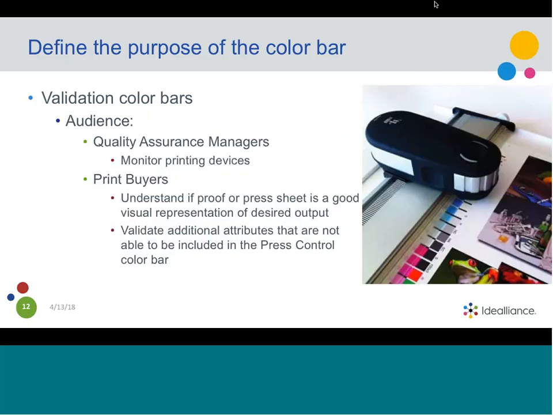Sometimes they're omitted, which is unfortunate, because there isn't any room on the press sheet for them, or on the actual carton or package that's being printed. The audience is multifold, actually. A quality assurance manager is monitoring print devices, so if you're monitoring an inkjet printing device, to determine if it needs to be recalibrated.